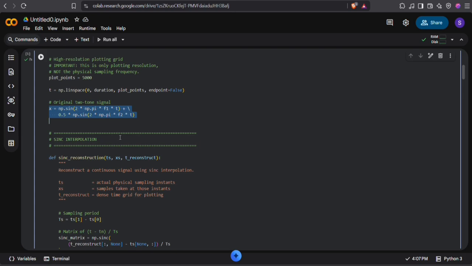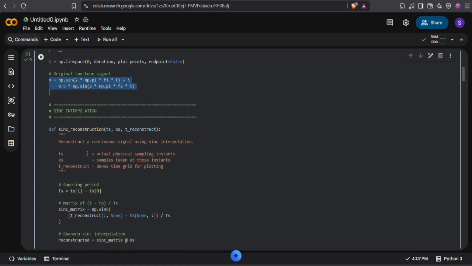Here I generated the actual two-tone signal. The first sine waveform has amplitude 1 and frequency 50 hertz. The second sine wave has amplitude 0.5 and frequency 120 hertz. By adding these two signals, it gives my reference continuous time waveform.